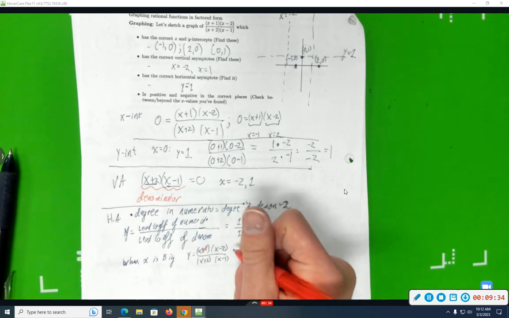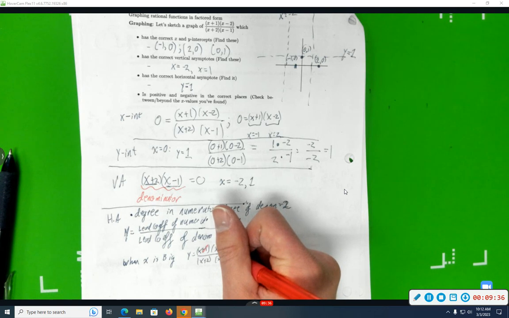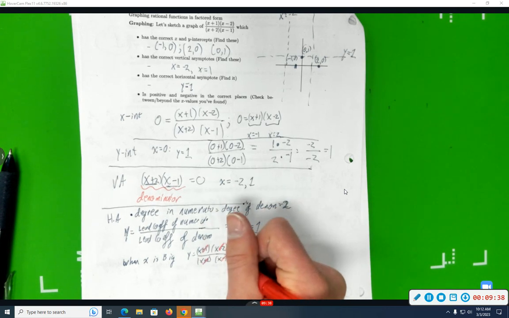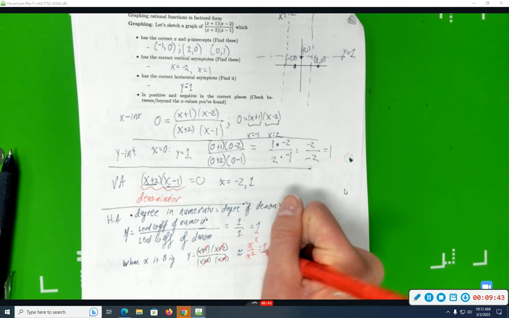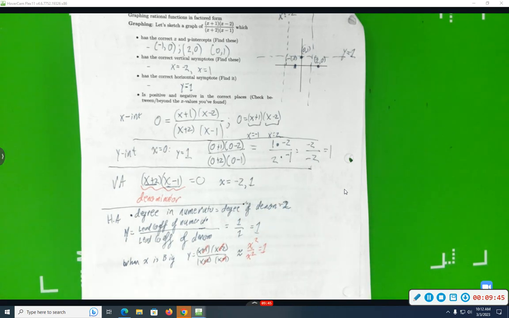Nope. Does the minus 2 make a difference? Same with the plus 2 and the minus 1. This is about x squared over x squared, which is 1.